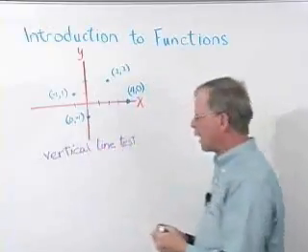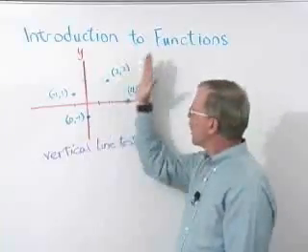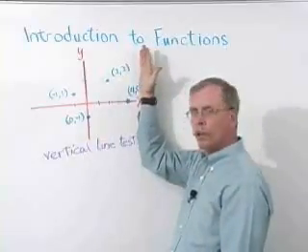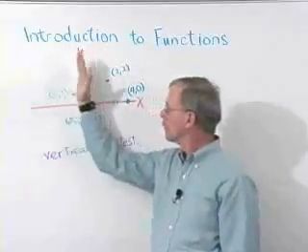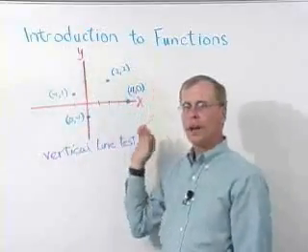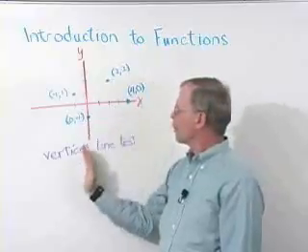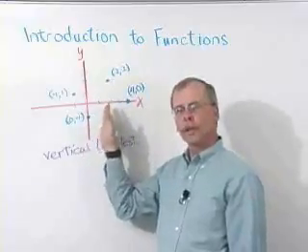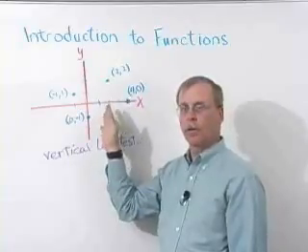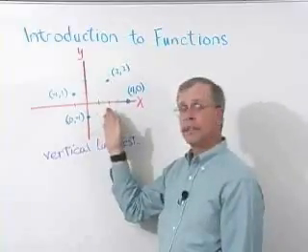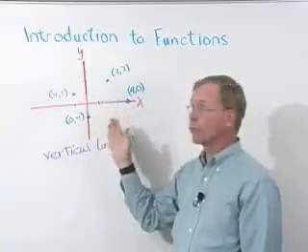Now the vertical line test, just imagine a vertical line passing across the face of your graph. If at any point in time the vertical line touches 2 points of your function or relation, then it's not a function. It fails the vertical line test.